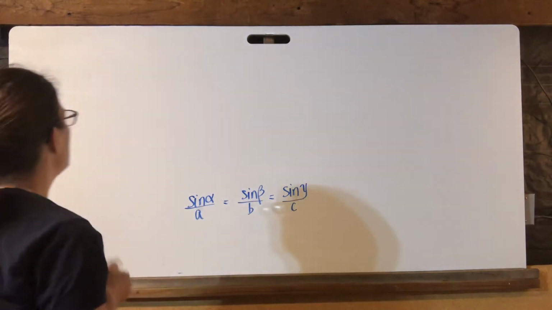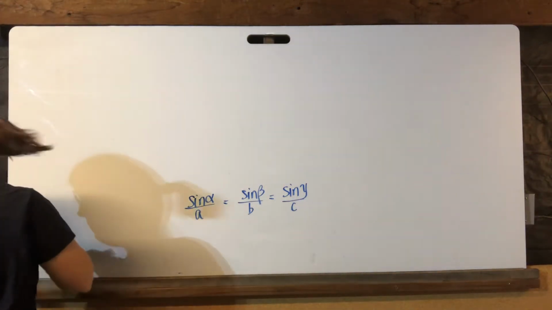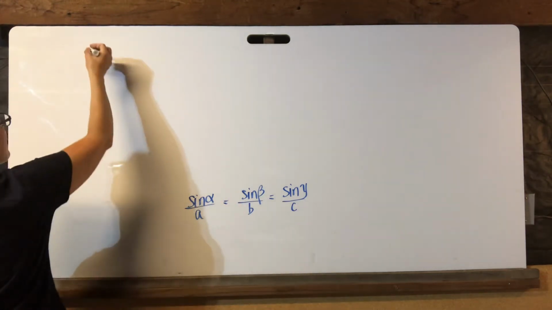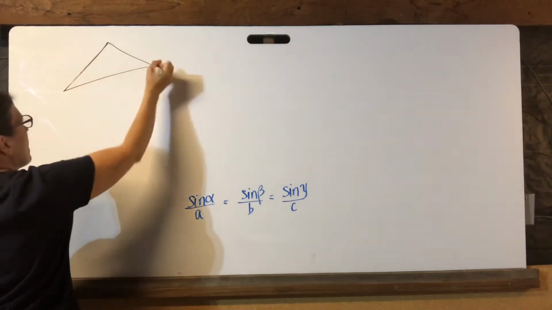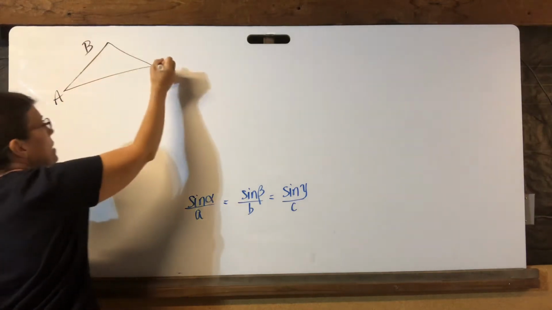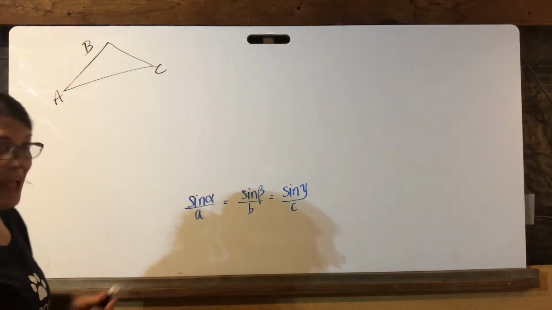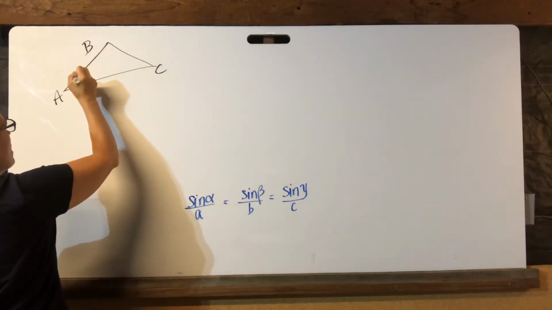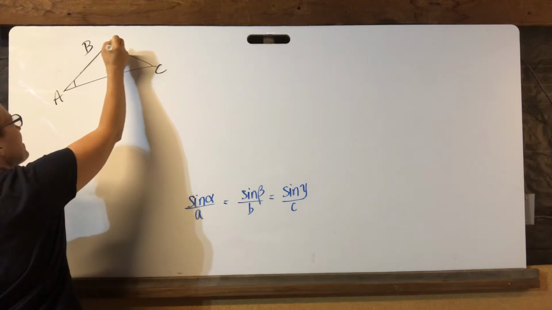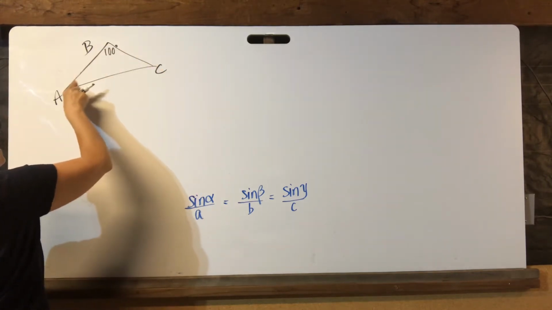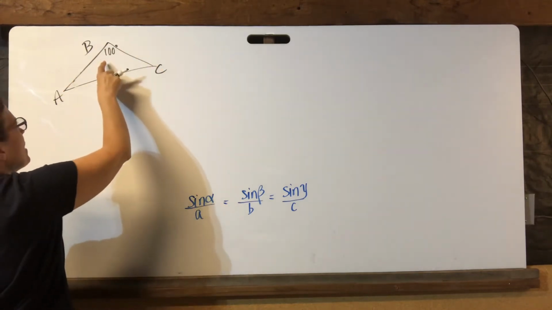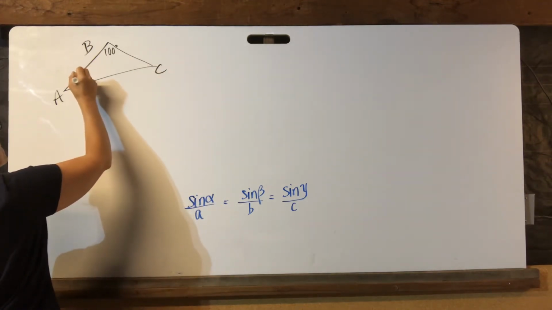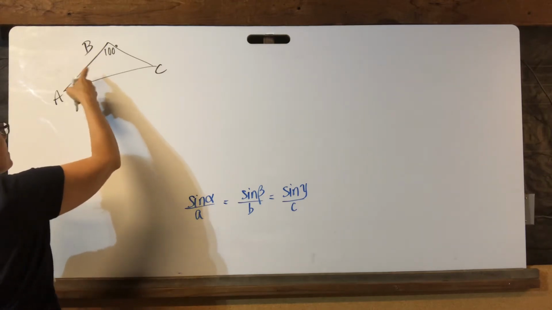So here we go. None of my triangles are drawn to scale, ever. So let's say angle B is 100 degrees, and let's say that alpha is 24 degrees.